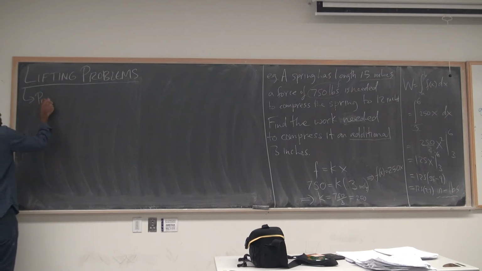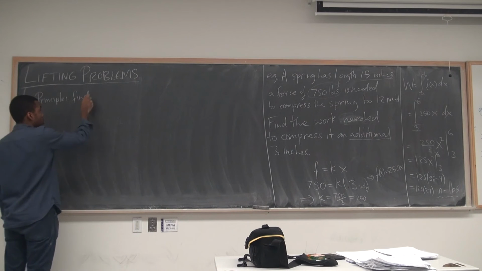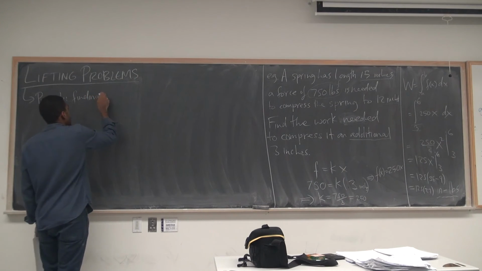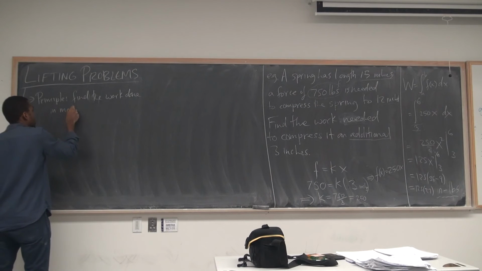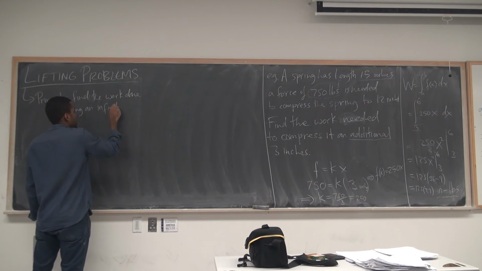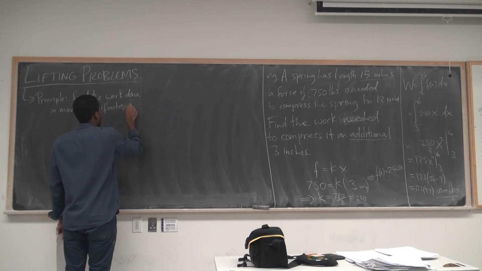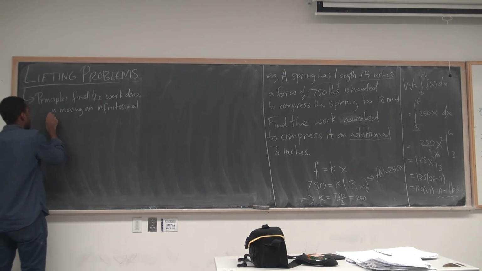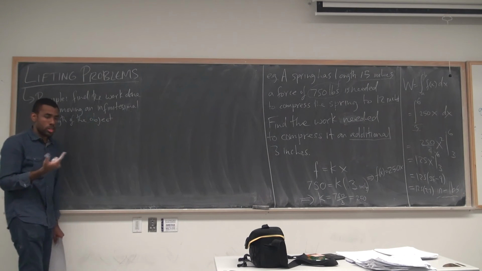The principle we're going to be using here, which I'm going to illustrate, so don't worry if you don't understand what I'm writing right now: find the work done moving an infinitesimal portion of the object. It just means a very small portion, like a delta x part of the object. We're going to be using that.